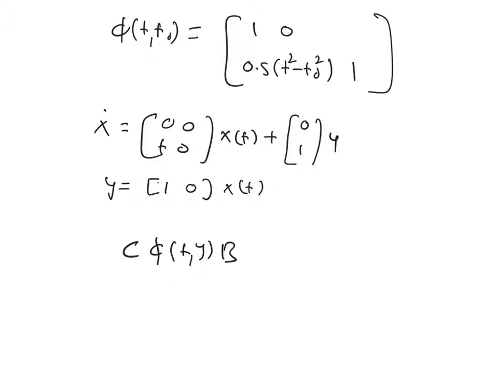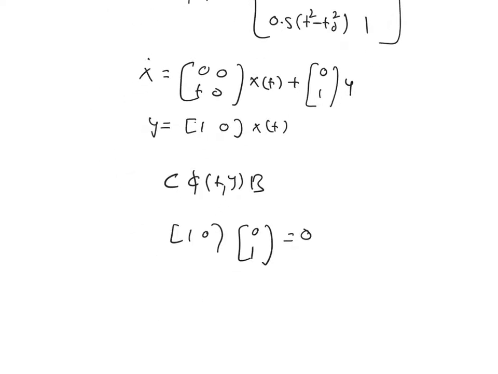So 1 0 times 0 1. What is that output answer? That is 0. So your g of t comma tau came out to be 0. That means when you integrate 0 dt, that is marginally, that is BIBO stable.